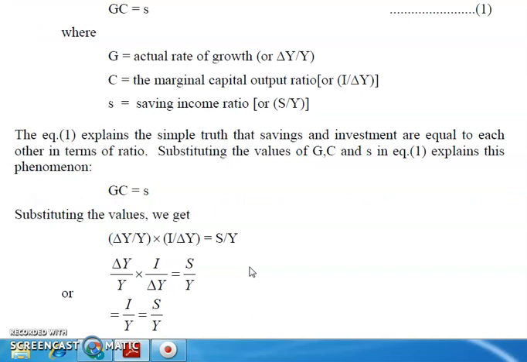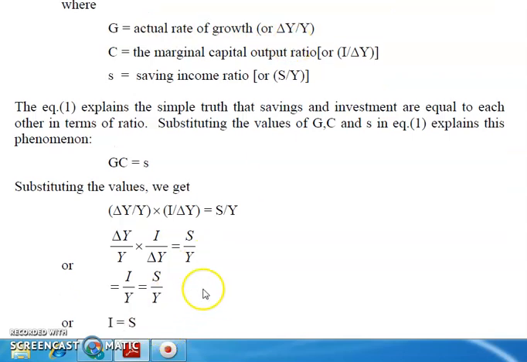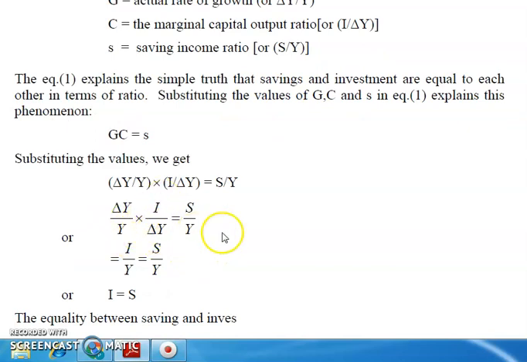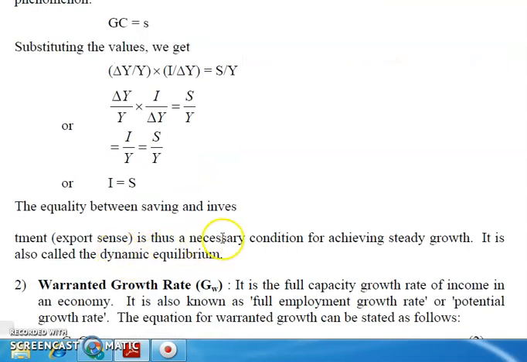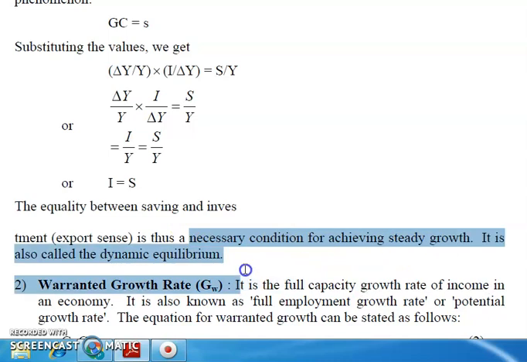Substituting the values: delta Y by Y into I by delta Y equals S by Y. Cancelling delta Y on both sides, I by Y equals S by Y. That is, I is equal to S. The equality between saving and investment is a necessary condition for achieving steady growth. It is called the dynamic equilibrium condition.